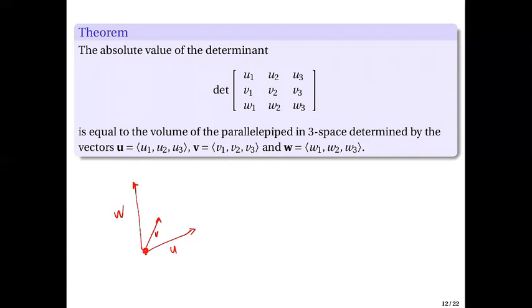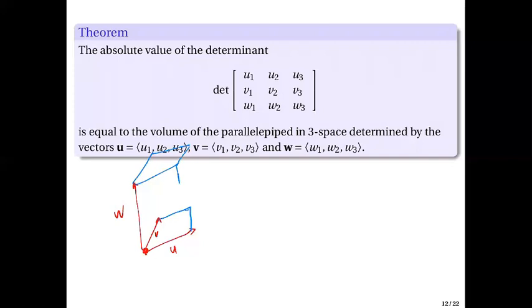So if you have these three vectors in this formation, the parallelepiped that you will be able to construct is the following. You will have something like this, something like this, and then this guy here, this guy here, and here.